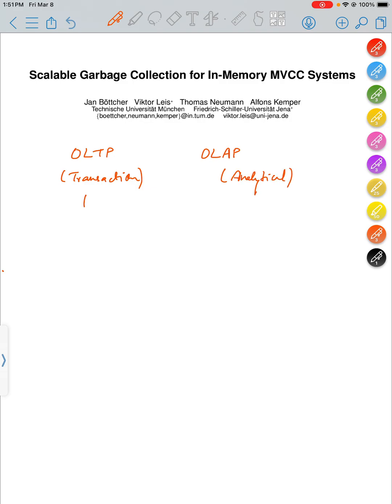Transactional probably means CRUD operations, where you go into a table, there are multiple tables and tuples, and you either create a tuple, read a tuple, update or delete.